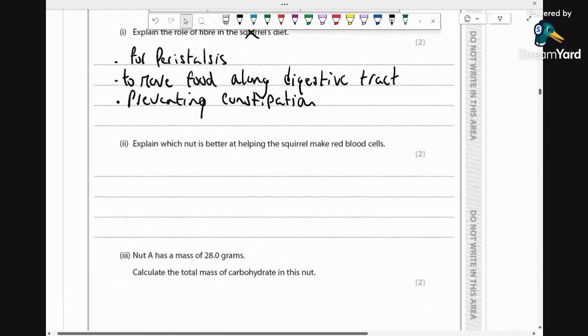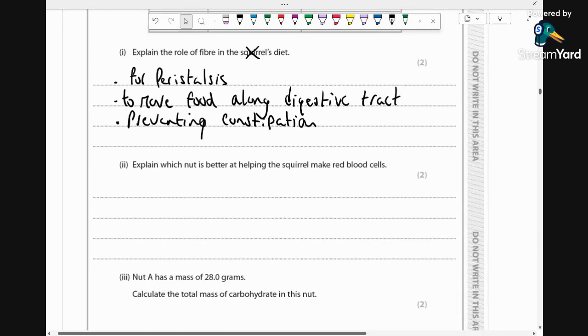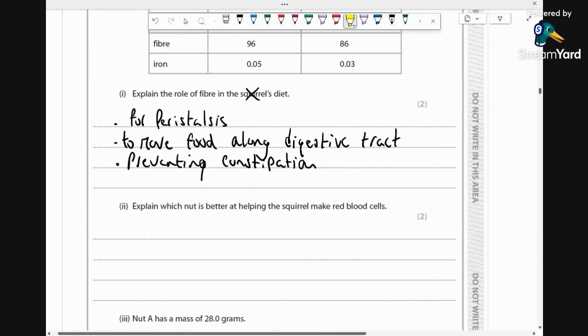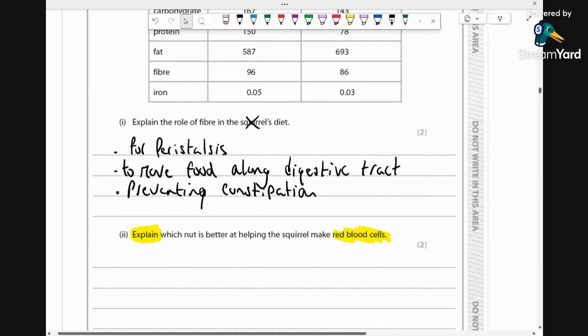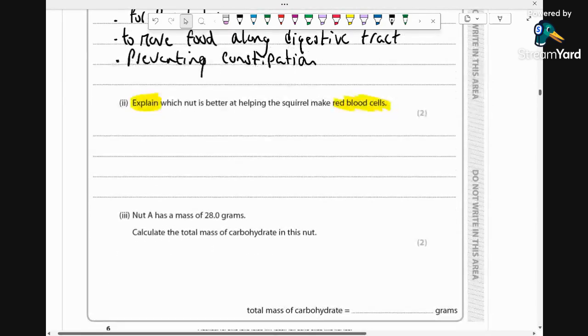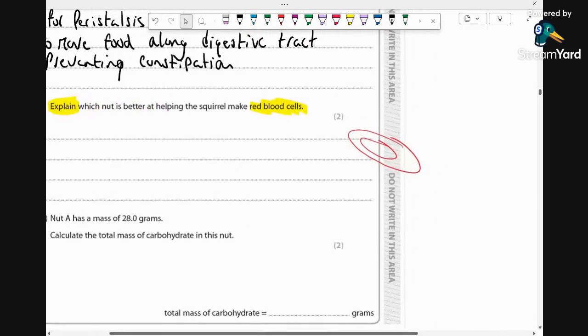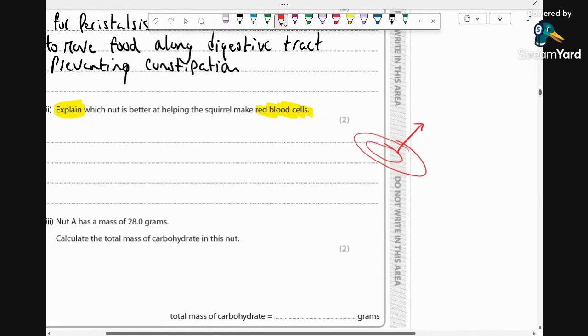Okay, explain which nut is better at helping the squirrel maintain or make red blood cells. So we need to explain why a red blood cell contains some of these things, and basically which substance is important for a red blood cell. So just very quickly, red blood cells, of course, are biconcave discs, and they basically don't contain a nucleus.